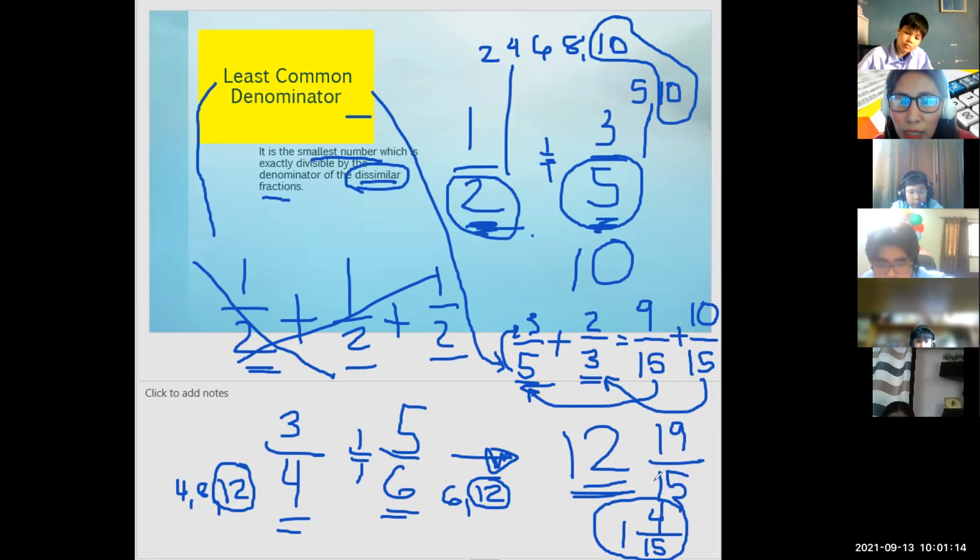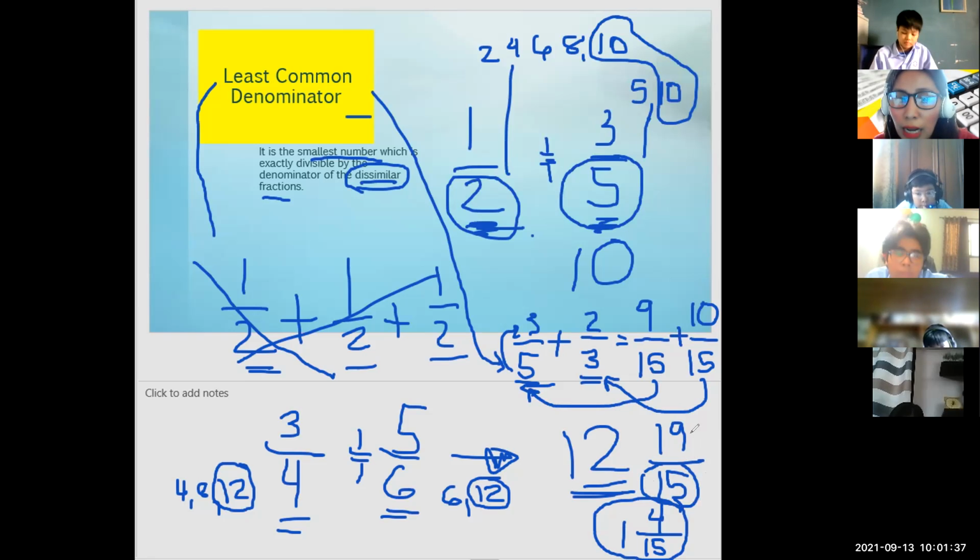How was that? We can still get a whole number from 19 over 15, right? We have 15, so we can get a whole number. Isa lang ang meron sa 15 rather sa 19, we have 1.